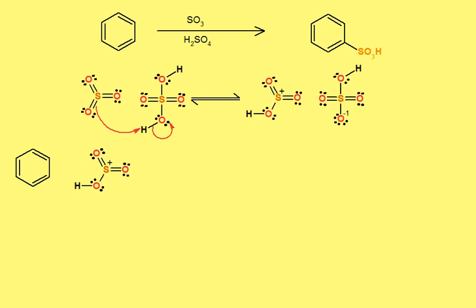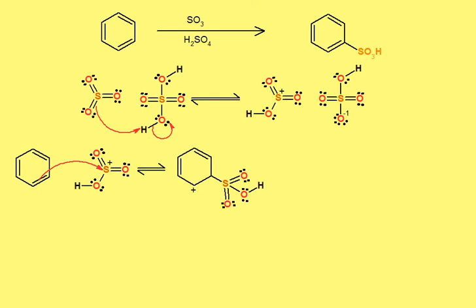and then the benzene ring can use its pi electrons to form a bond to the sulfonyl group. That attachment to the ring causes a positive charge on that bottom carbon atom, which will have an empty atomic orbital above and below the ring.